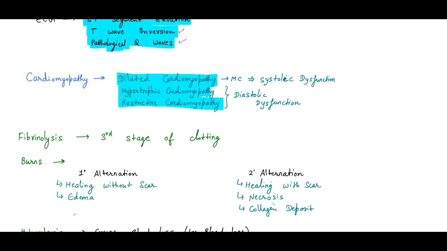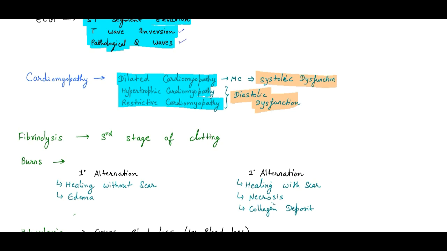Remember, in the dilated, the most common is systolic dysfunction. Systolic dysfunction means systole, the contraction of the ventricles and the atria. And in hypertrophic and restrictive cardiomyopathy, we will see diastolic dysfunction. Diastolic means relaxation of the ventricles or the atria.